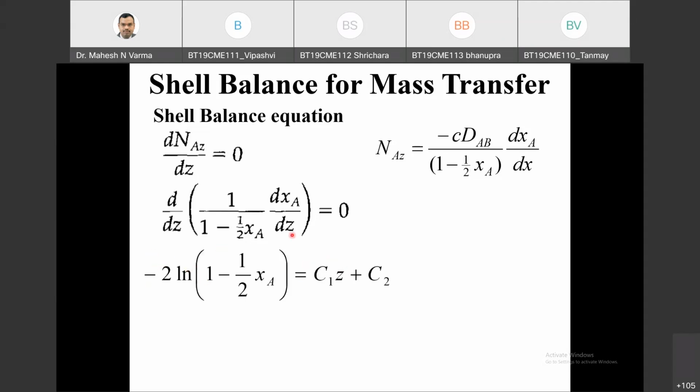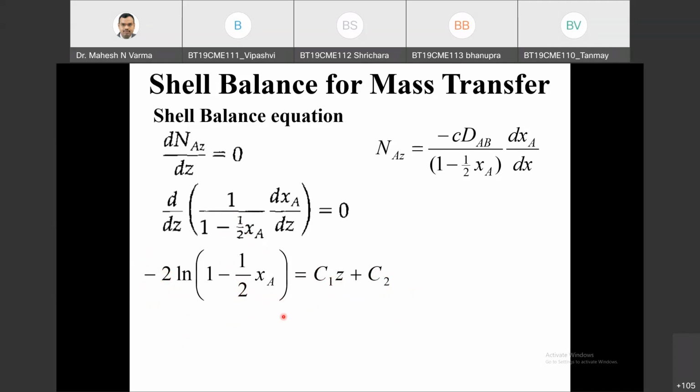So this is the first integration. We get ln(1 minus XA), and the 2 is coming here, with 1 by 2 there. Divided by minus 1 by 2, that gives minus 2 equals C1Z plus C2. The first integration gives C1 and the second integration gives C1Z plus C2.